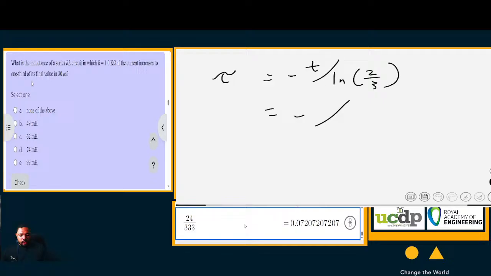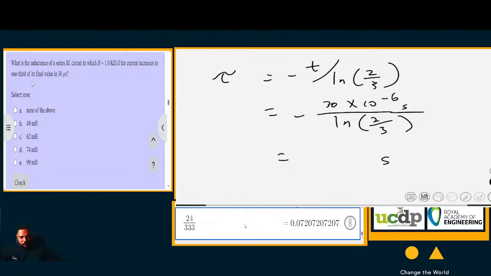They want it after 30 microseconds, so it's 30 times 10 to the negative 6 seconds, divided by the ln of 2 over 3, which is a constant. So the answer will be in seconds, which is what we want. The time constant is in seconds.